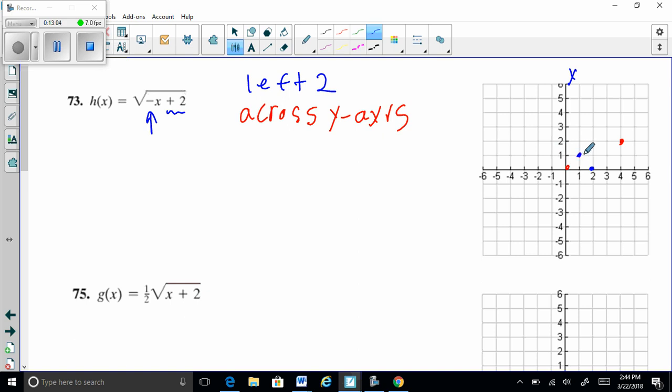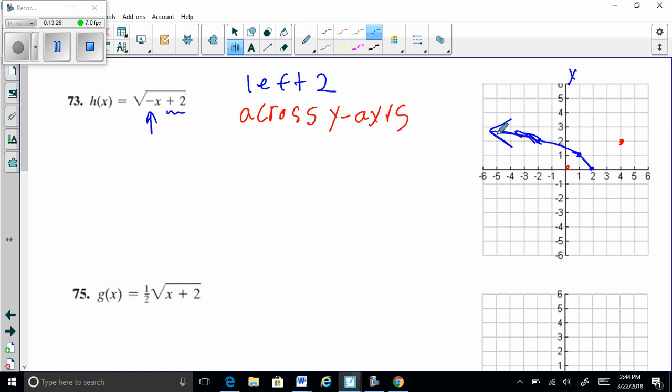So that point actually went right back to where it was. And this one goes left 2 and then reflects over, and it's over here. So this one's actually going to open up going the other direction now. Kind of messy on that one, but hopefully you get the idea.